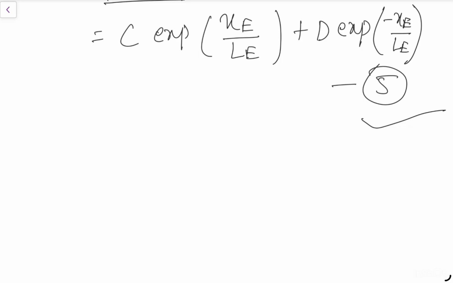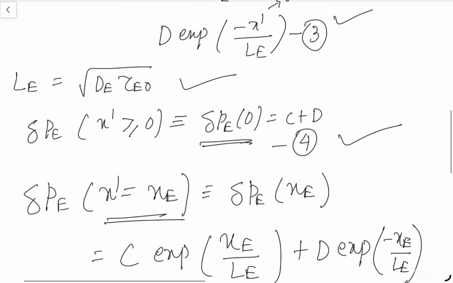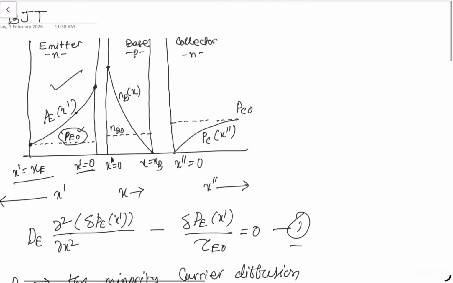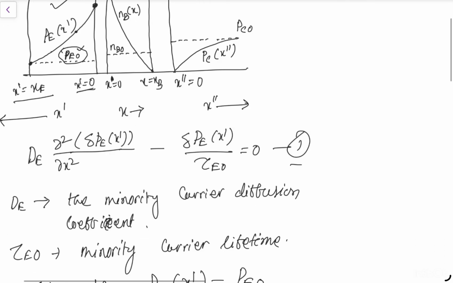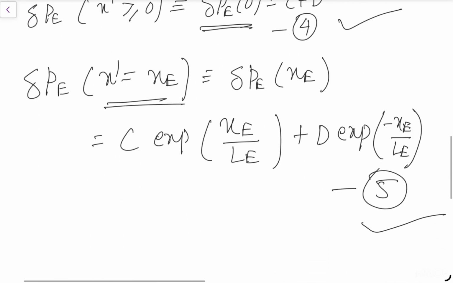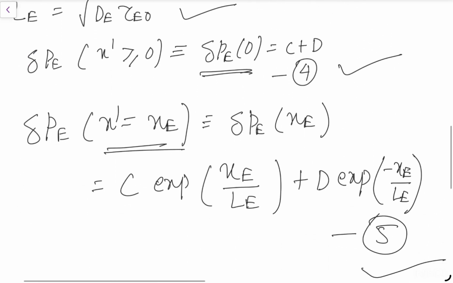Now this is what we can write for delta PE when x dash is equal to 0. We can determine this from the ideal diode equation. The base emitter junction is forward biased, just like a forward biased PN junction, and we have already derived this equation earlier. We are going to use that value for delta P at x equal to 0, or x dash equal to 0.